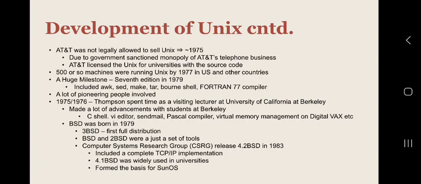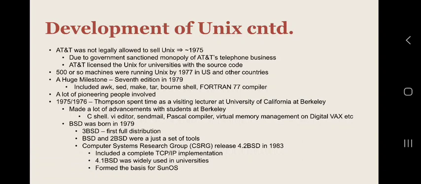Some of these concepts are still used, and obviously they have advanced a lot, but they are still there in various operating systems in some form. And these pioneering efforts are very much worth mentioning in any form, in my opinion.